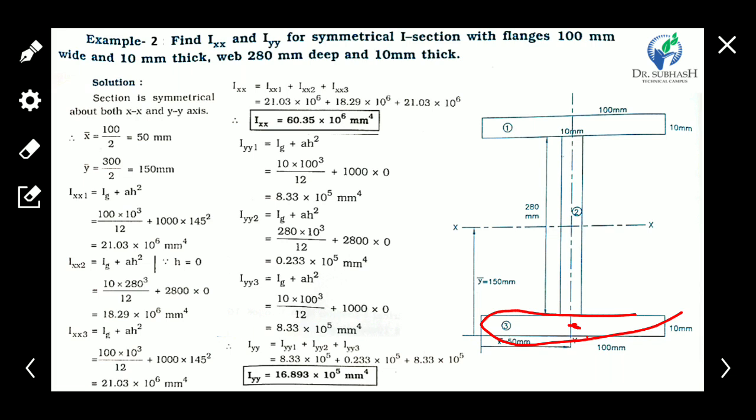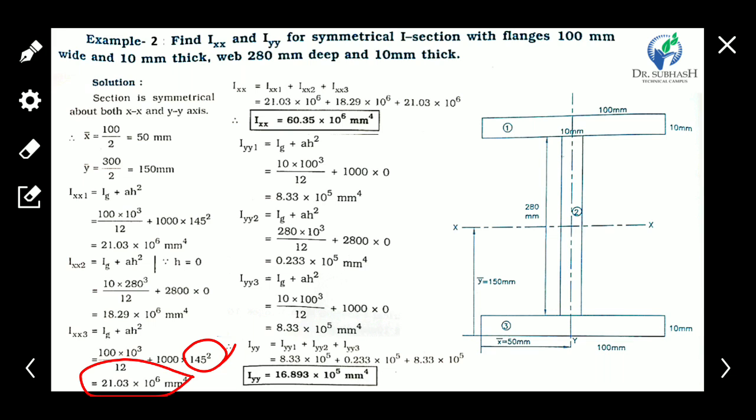So this distance is 150 minus 5, that is 145. Okay, so h square is 145 square, and we get the value of Ixx3 as 21.03 into 10 raised to 6 mm raised to 4.